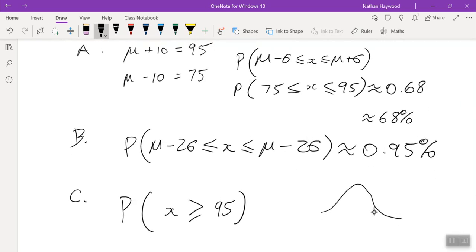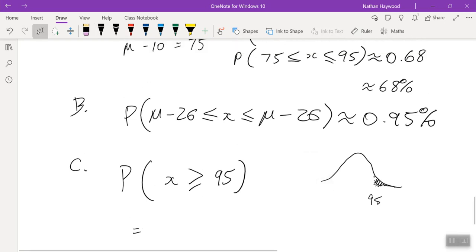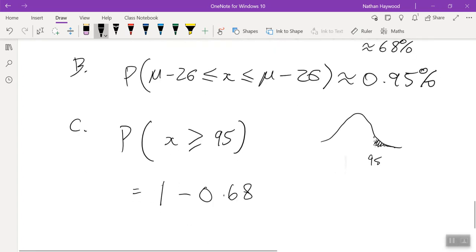So anything above the 95, so this little area in here under the curve, that should be 1, because 1 is the whole area, minus what we found before, divided by 2.